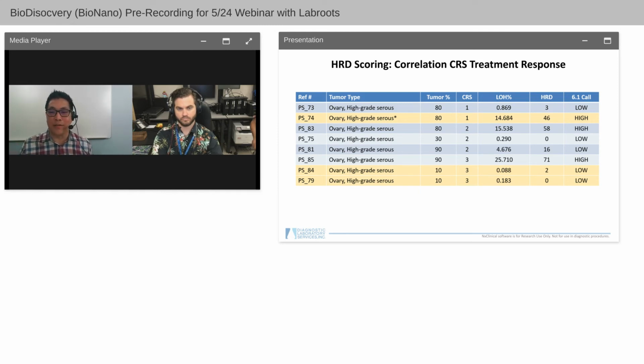I also want to point out that there are other situations here where there was a CRS score of 1, but yet we still had a HRD score that was high. Interestingly, this case is very interesting to me because it highlights the fact that there are other things that cause a homologous recombination deficiency state. And so this didn't have a BRCA1 and 2 germline mutation.